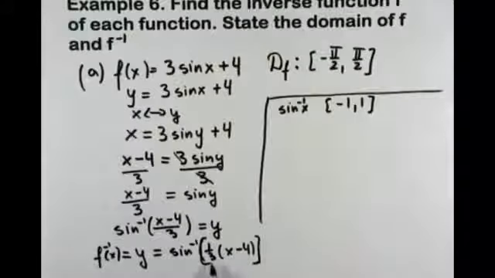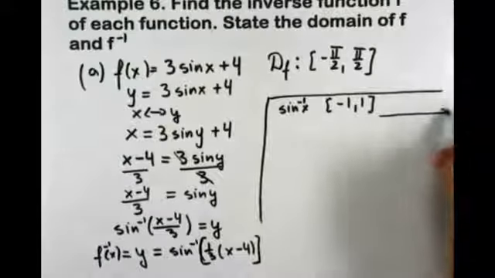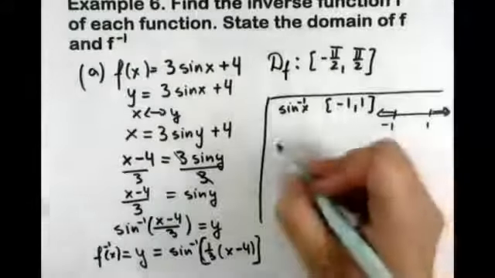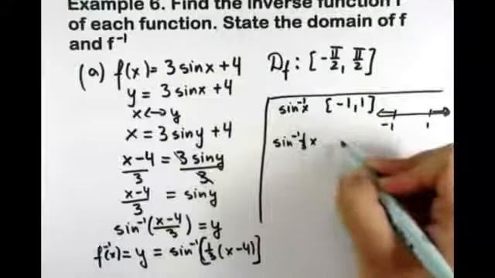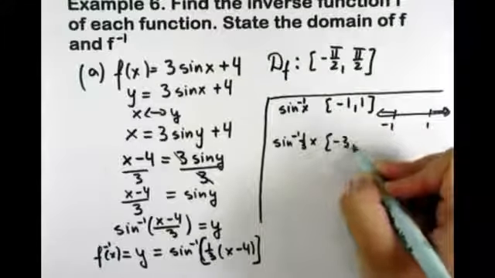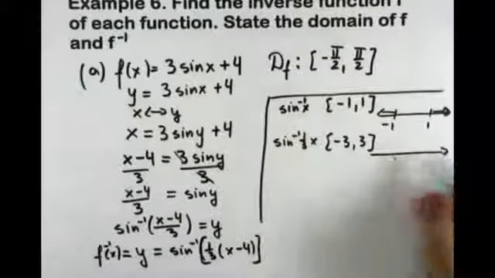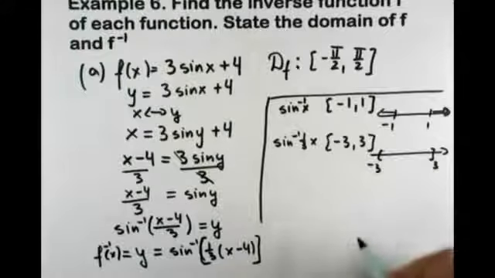Now the function is stretched 3 times. So this interval from minus 1 to 1 is stretched 3 times. So for sine inverse of 1/3 x, the domain is minus 3 to 3. Okay, now the domain has changed to minus 3 to 3.